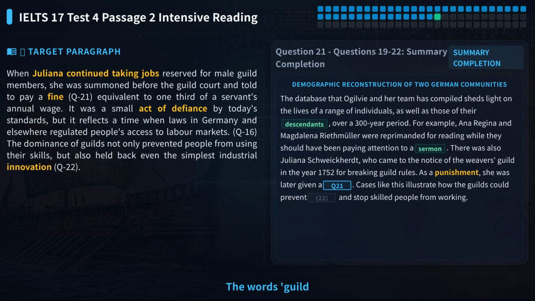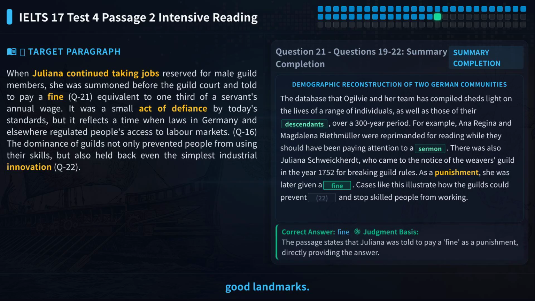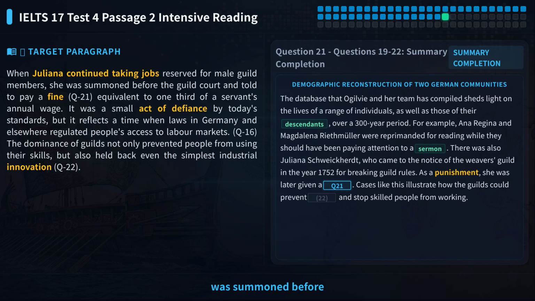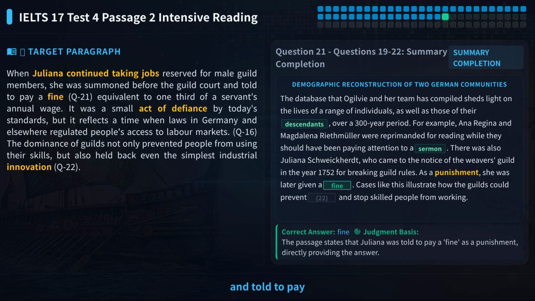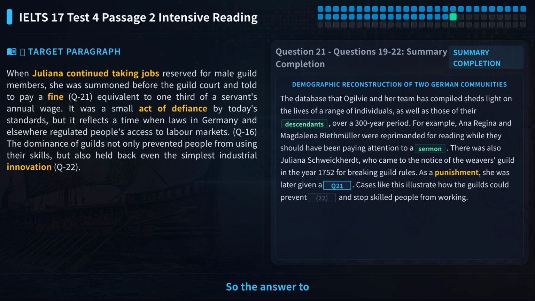The words guild court and servant's annual wage in the statement are good landmarks. Let's go back to paragraph D and find where these words appear. Look here, she was summoned before the guild court and told to pay a fine. The answer word fine appears directly in the original text. No substitution is needed. So the answer to question 21 is fine.